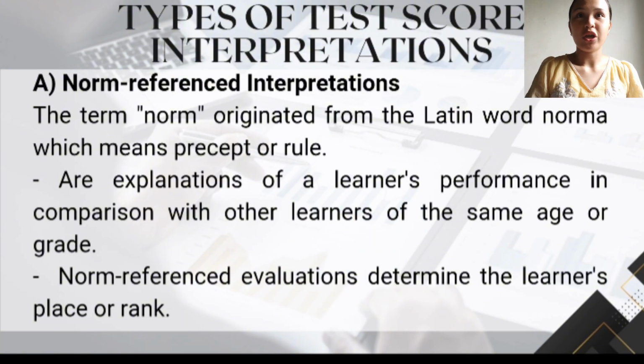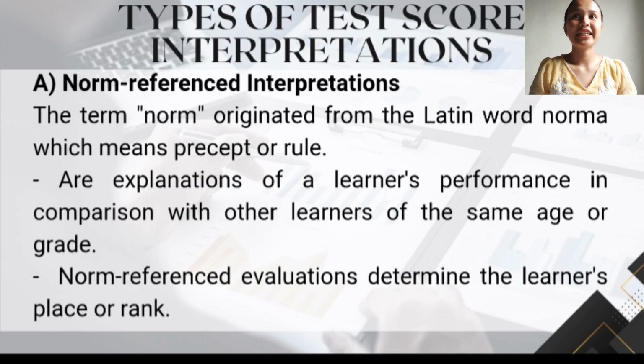Norm-referenced evaluation determines the learner's place or rank. For example, the child placed 8th in the reading class. This is one of the examples of a norm-referenced description, which has a ranking of who got the highest score and the lowest, before the average. This example determined the student's rank or place.